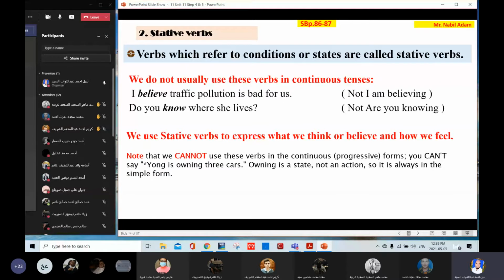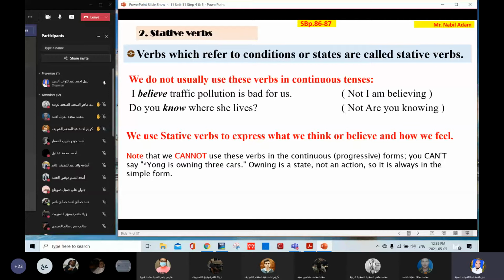Note that we cannot use these verbs in the continuous or progressive forms. You cannot say Muhammad Majdi is owning 3 cars, but we say Muhammad Majdi owns 3 cars. Karim has 2 brothers. We don't say Karim is having 2 brothers. So have or has, possess, own, verbs of possession cannot be used in the continuous tense because something is permanent.